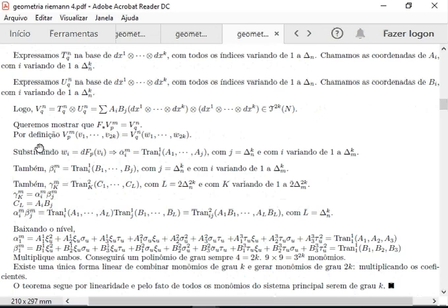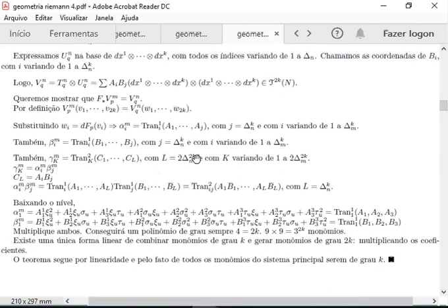By definition, VPM at V1 V2K equals VQN W1 W2K. We exchange WI by DFP VI, and alpha IM is a transformation I1 from A1 to AJ.